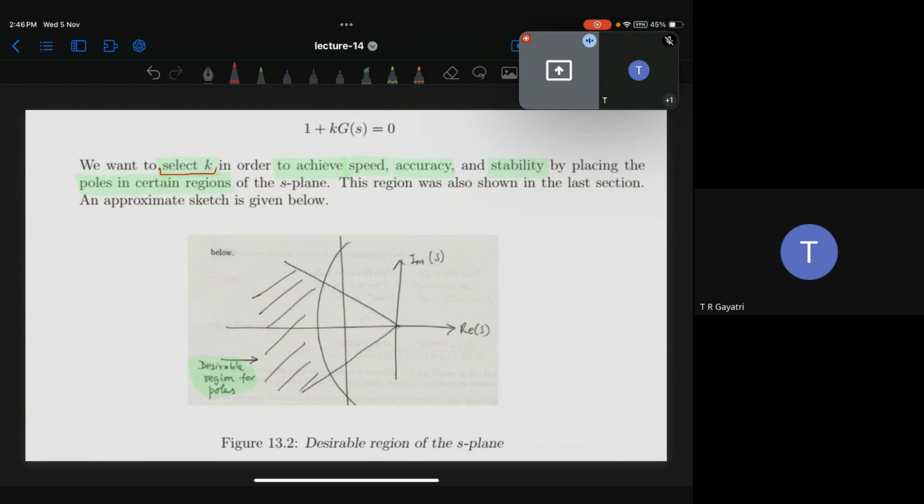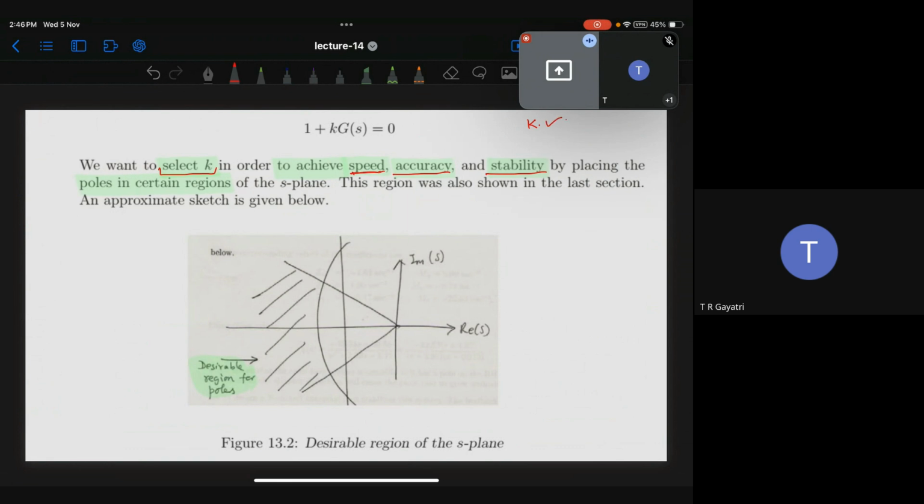We want to select that particular k which satisfies your required speed, accuracy, and stability of the system. That means you want a particular rise time, or you want your steady state error to be only this much. That will be satisfied by a particular k only.